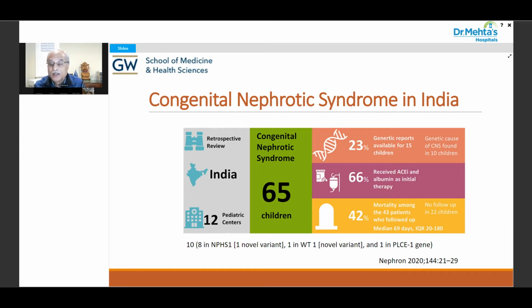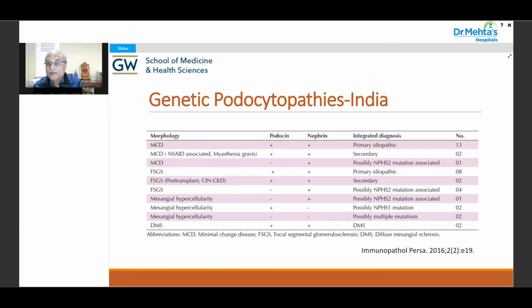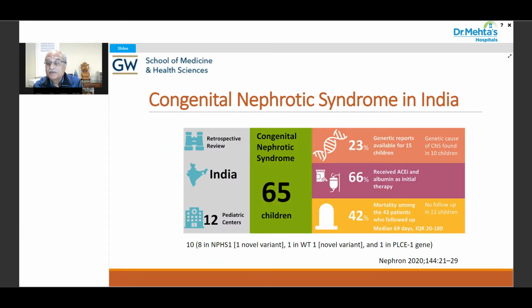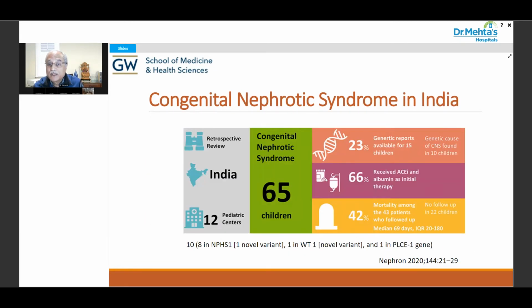I'm not sure if any of you have participated in it, and this is a summary of that particular data, where 10 patients were found to have congenital nephrotic syndrome and had available information on their genetics. Of the 10 patients, 8 had nephrin mutation, 1 had WT1, and 1 had PLCE1.